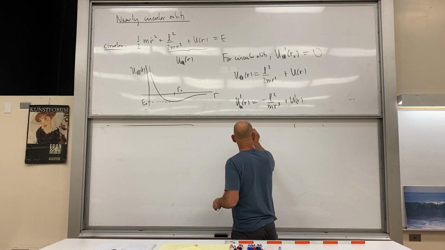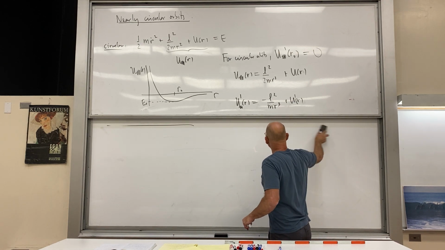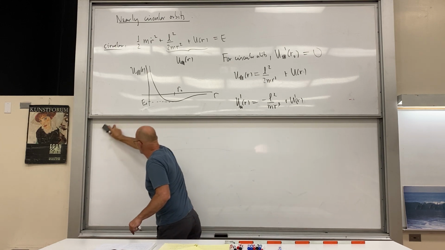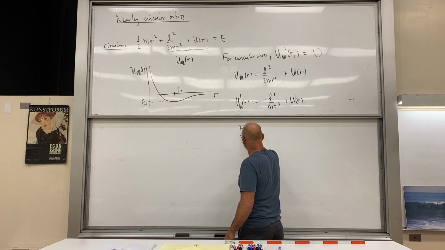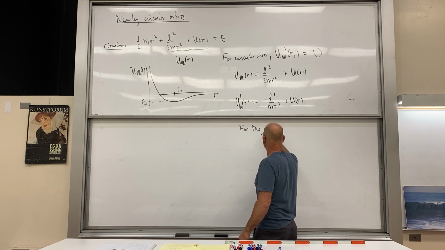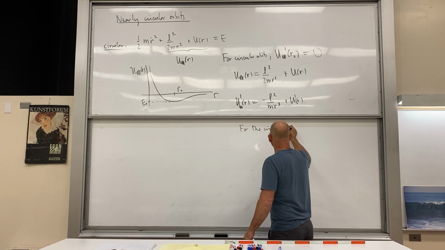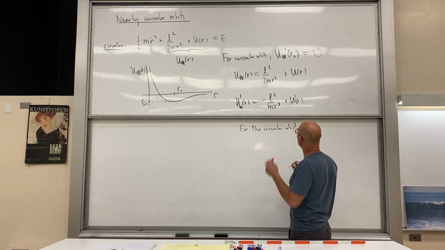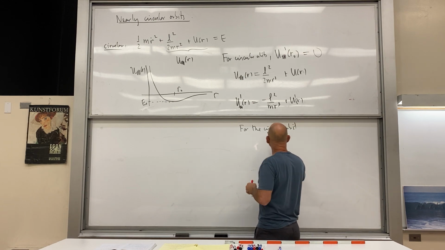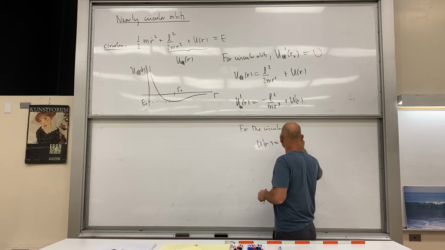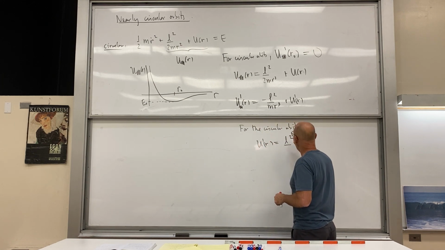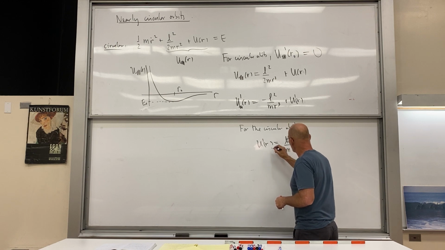So we have, continuing this thought, for the circular orbit now, U prime of R is equal to L squared over m R naught cubed.